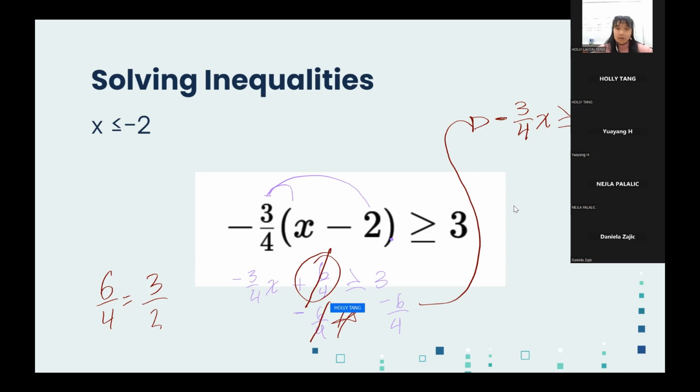Well, yeah, so it would become negative 3/4x is greater than or equal to 3 minus 6/4. Yes, which is, so 3 minus 6/4. Right, so we can put it over a common denominator if that makes you feel better.